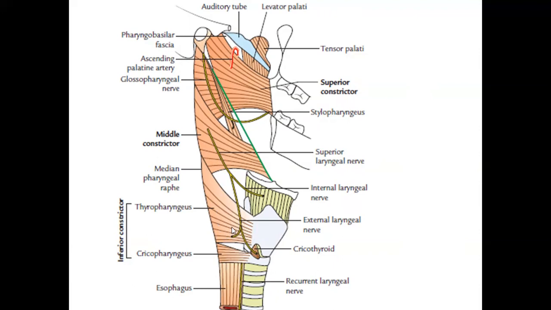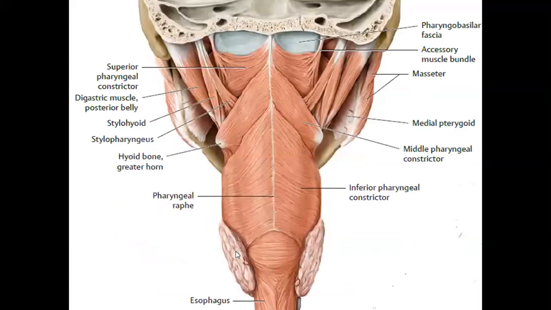Now, if there is any incoordination between the thyropharyngeus and the cricopharyngeus, because we have this potential space here that is known as the Killian's dehiscence. This space is known as the pharyngeal dimple or the Killian's dehiscence, which is normally present there. So what will happen if this muscle contracts and this fails to contract? So the food bolus will move out of this weak point and will produce a diverticulum, a pouch that is known as pharyngeal pouch or Zenker's diverticulum.